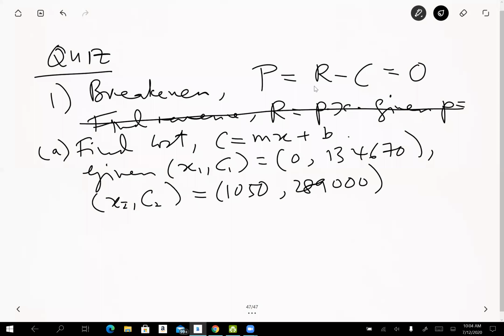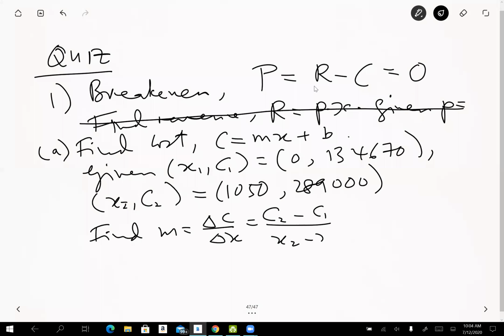So first you need to find M. So you find M. What is M? M is equal to delta C over delta X, like delta y over delta x, which is equal to C2 minus C1 divided by X2 minus X1. And then you put in the numbers.